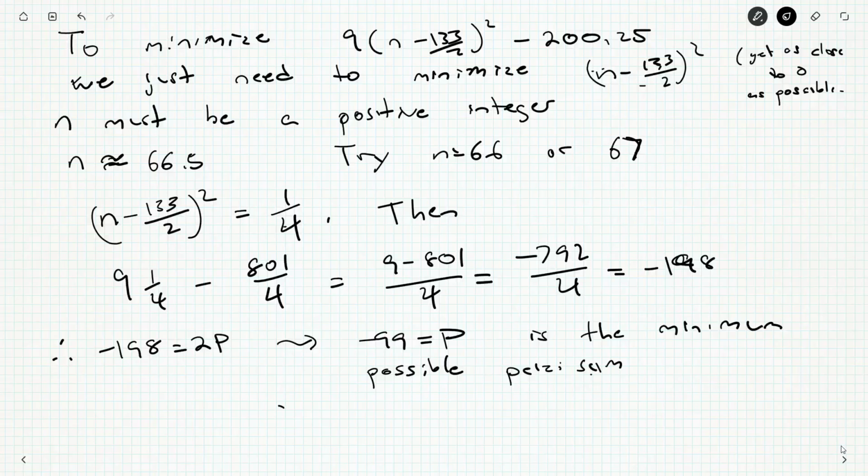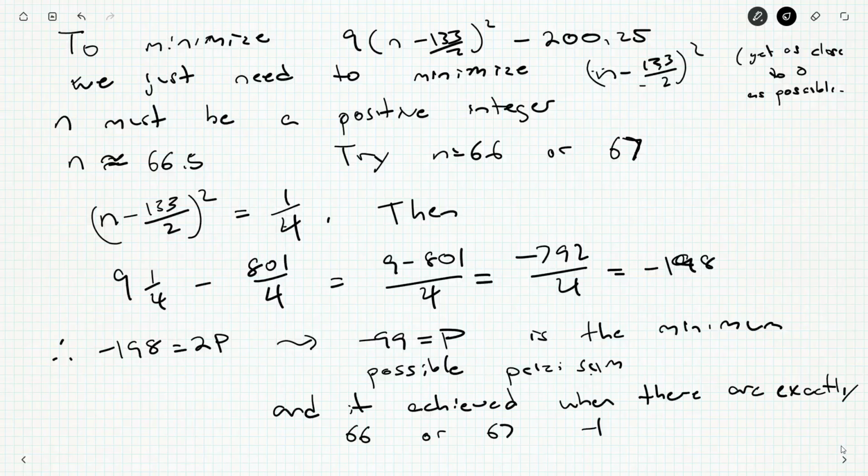Okay, and it is achieved. We don't need to add this, but I will point it out. It is achieved when there are exactly 66 or 67 minus 1s in the sequence.